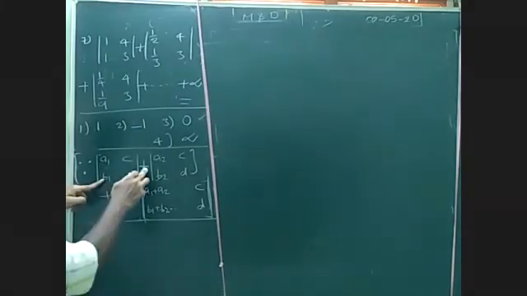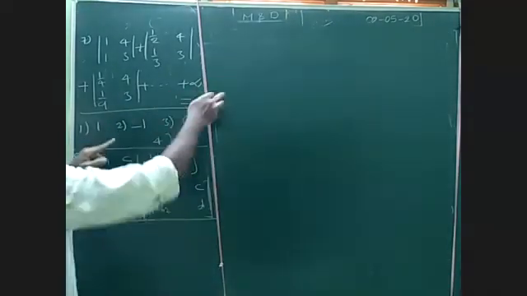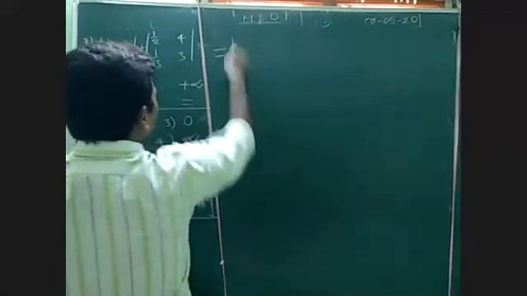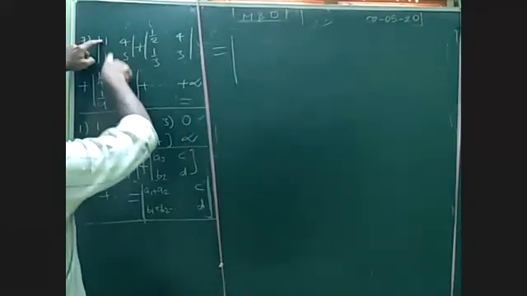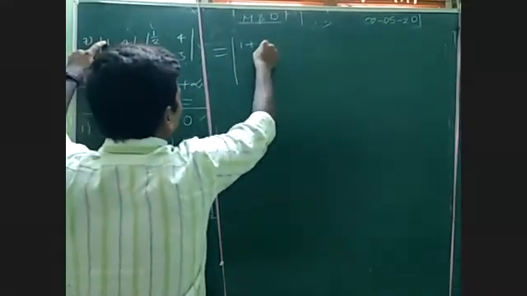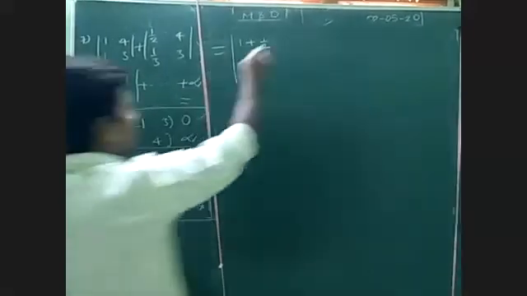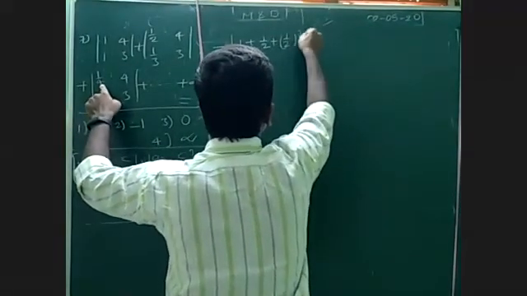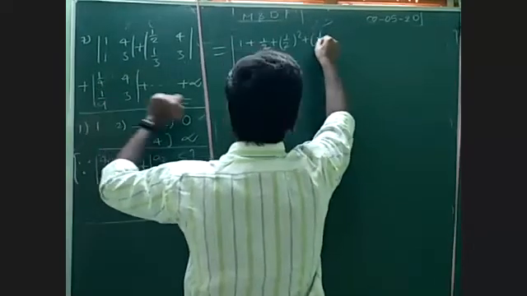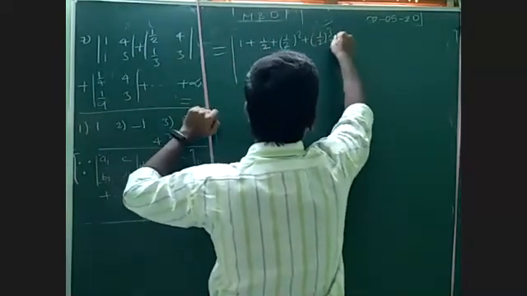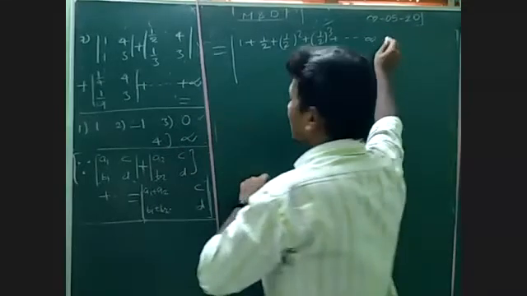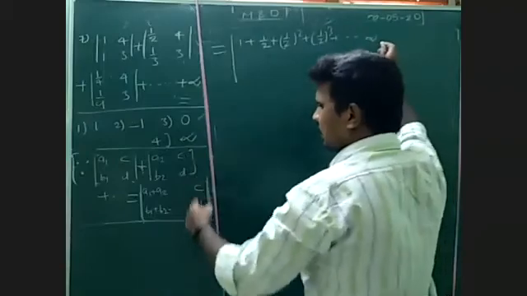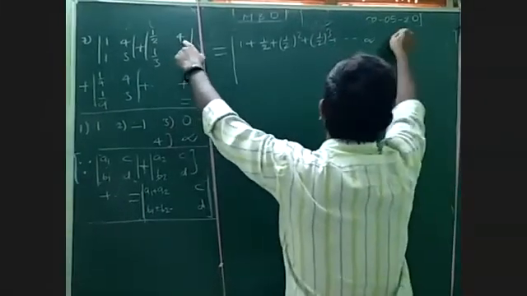So here B1 plus B2 plus B3 up to infinite. From that I am going to write this matrix with first element 1 plus 1 by 2, yes, 1 by 4. Third element 1 by 4 can be written as 1 by 2 whole square. Next, the fourth element will be 1 by 2 whole cube, plus so on up to infinite. And what is the second column? Second column as it is, the element is 4.